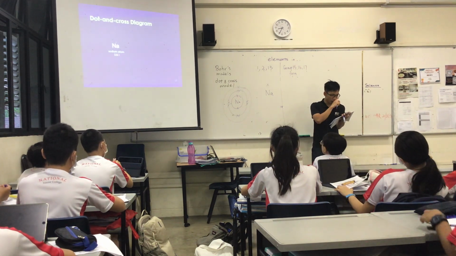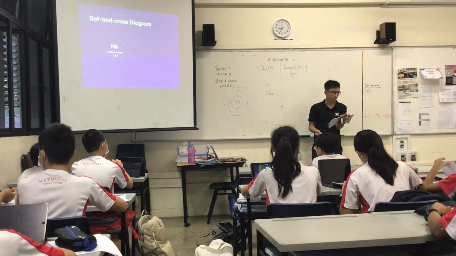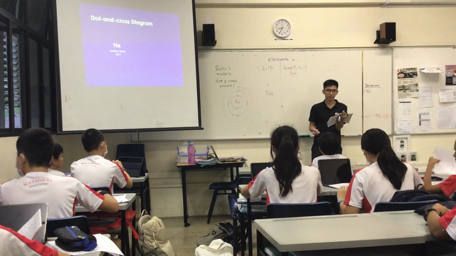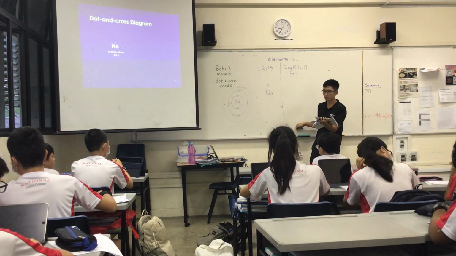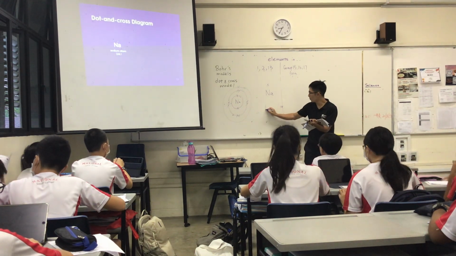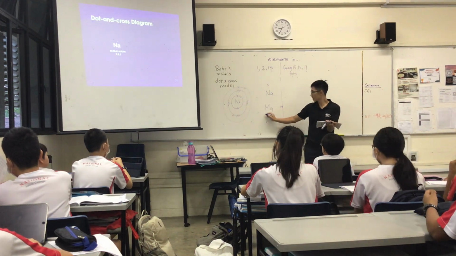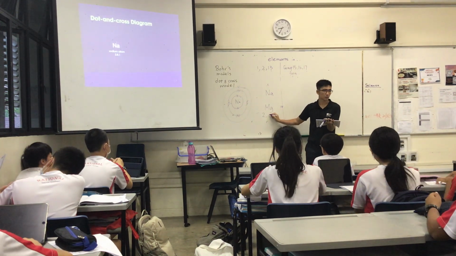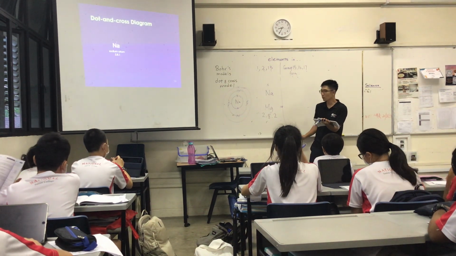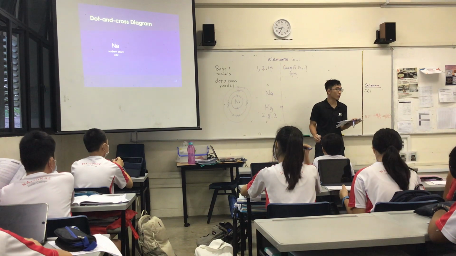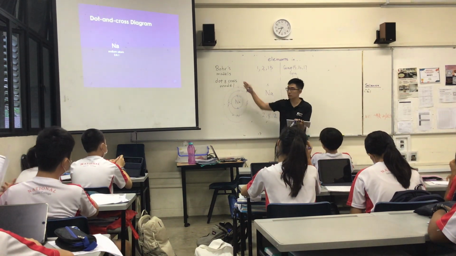If we try this for magnesium, what would magnesium look like? Everyone look at magnesium now. Okay, so first and foremost, what is the electronic configuration of magnesium? 2, 8, 2. What would a magnesium atom look like if I just draw it in a dot and cross model?